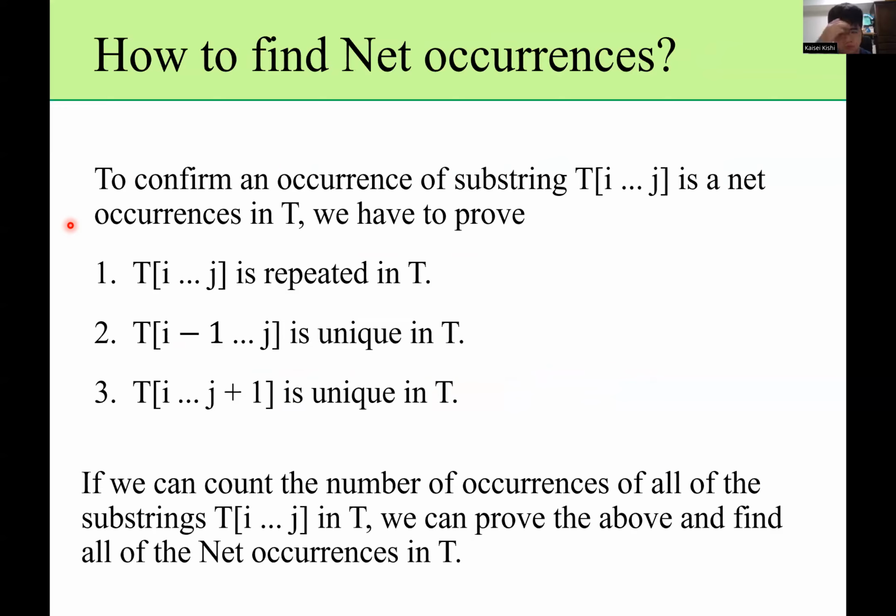To confirm that an occurrence of a substring of T is a net occurrence in T, we have to prove that the substring is repeated in T, and that its right and left extensions are unique in T. In general it is difficult, but if we can count the number of occurrences of all the substrings of T in T, we can prove these things easily, and therefore we can find all of the net occurrences in T.